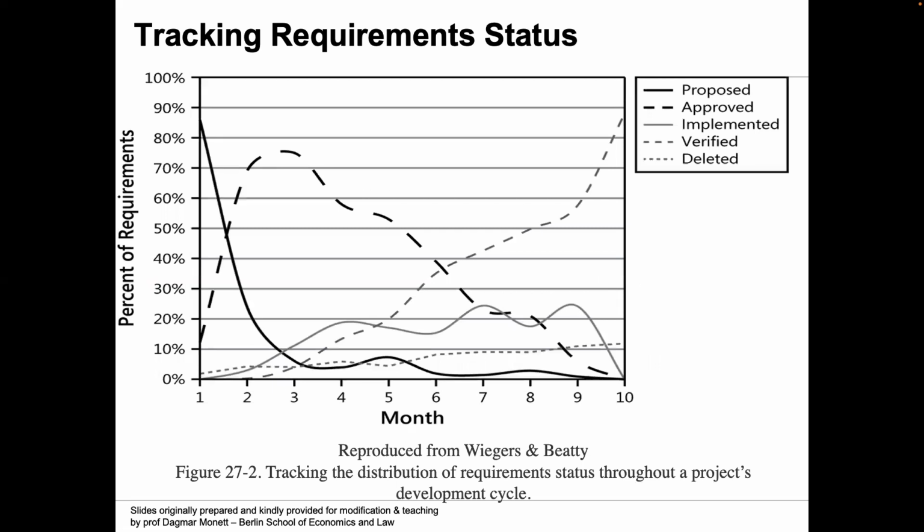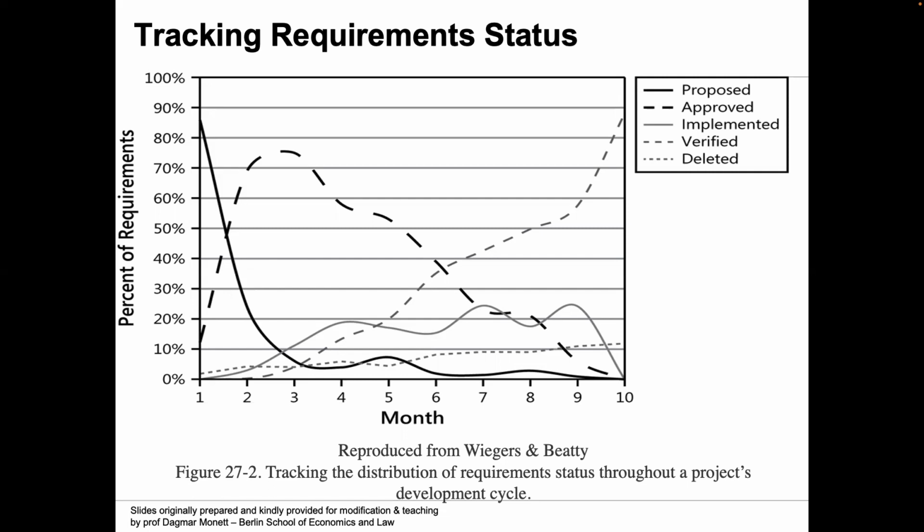So this one is basically a graphical version of tracking the distribution of the requirement status throughout a project's development lifecycle. So if you look at the key, this is a visual monitoring of the status of a set of requirements through a 10-month project.